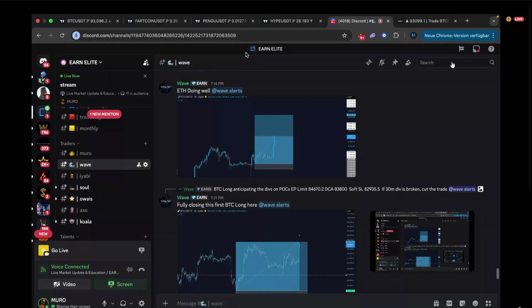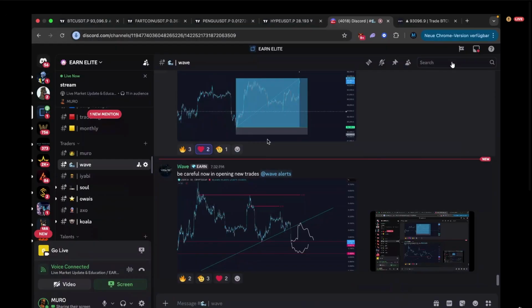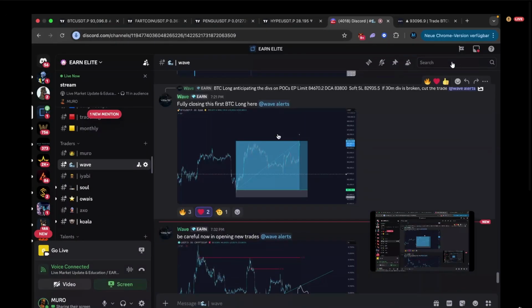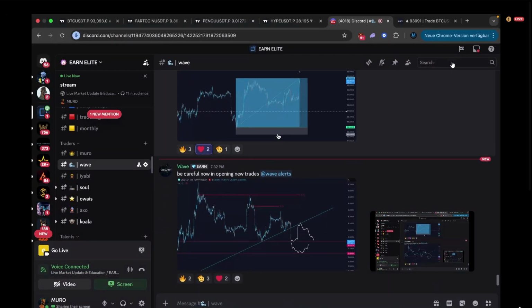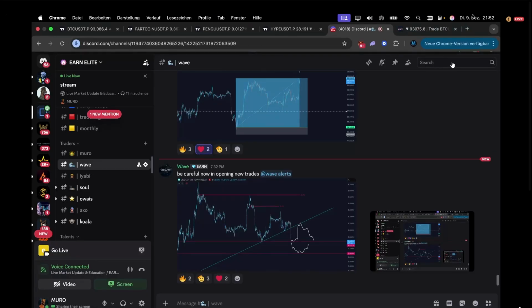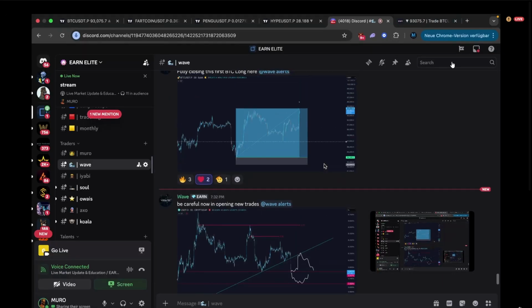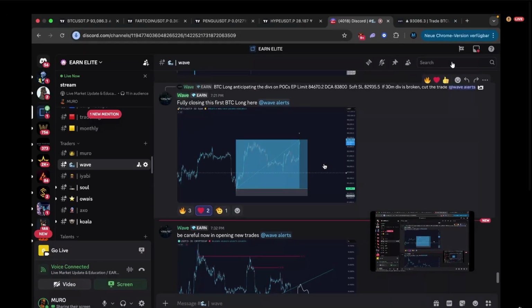Now imagine, guys, with all the trades that we share, trades like this on a daily basis, right? Obviously we also lose, right? But we win more often than we lose, okay? And when we make, for example, 10 or 20R profit in a month, that's great, guys.